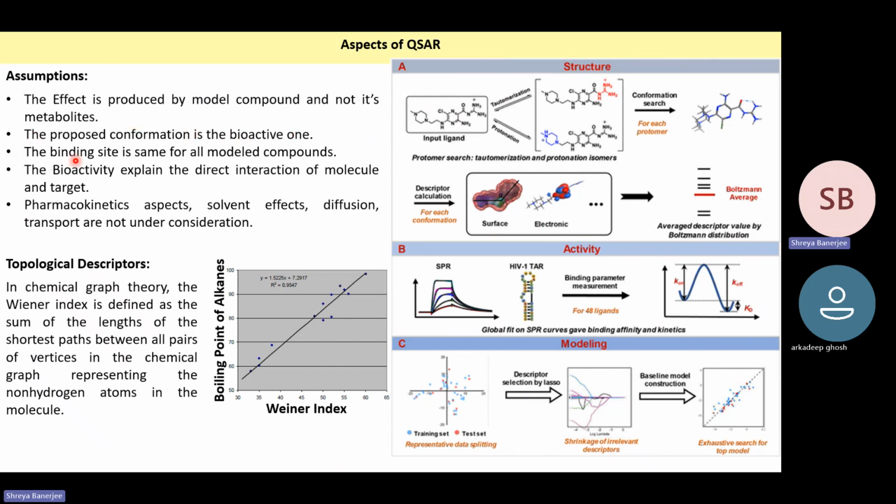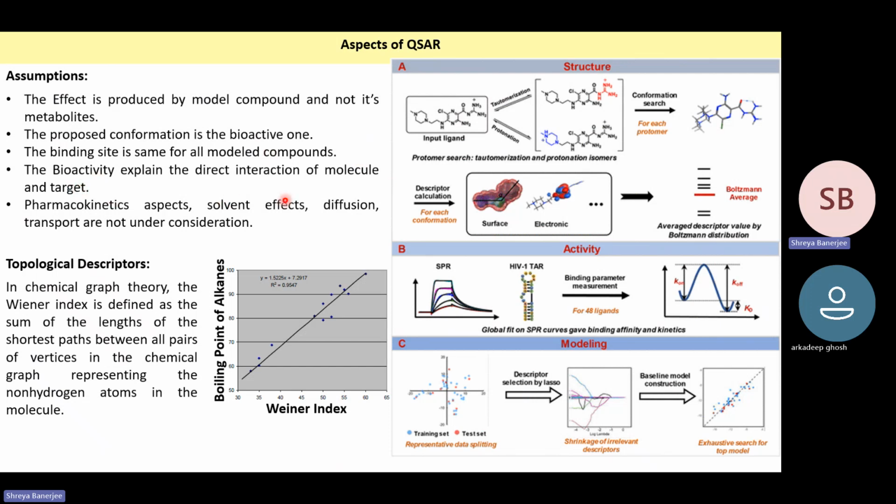The third assumption is that the binding site is the same for all model compounds. So in the protein or DNA, the receptor site is the same no matter which of the drug candidates you are trying out. Then the fourth assumption is that the bioactivity reflects the direct interaction of the molecule and target.